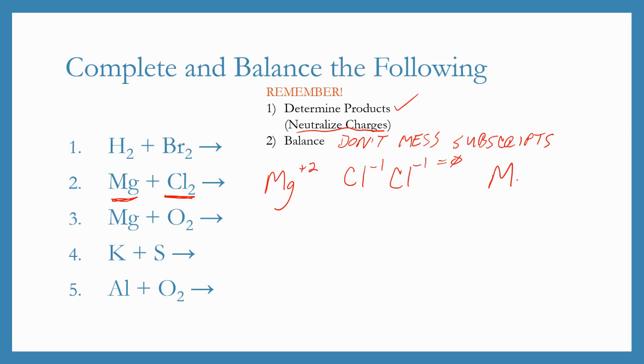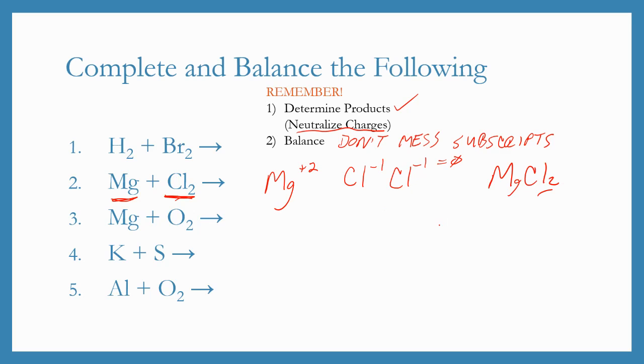So that gives me MgCl2. Then you balance. So once you get your neutralized charge product figured out, then you can start doing the balancing. This one doesn't require balancing because there's 2 chlorines and 1 magnesium.